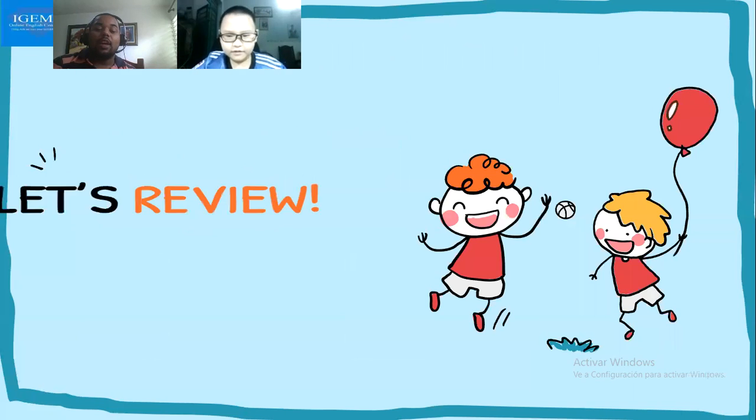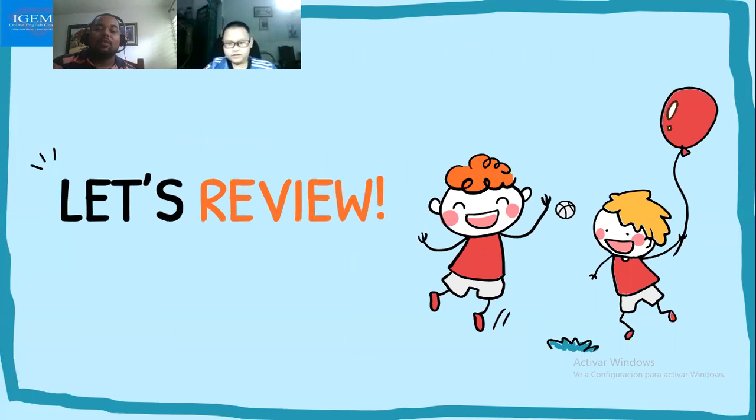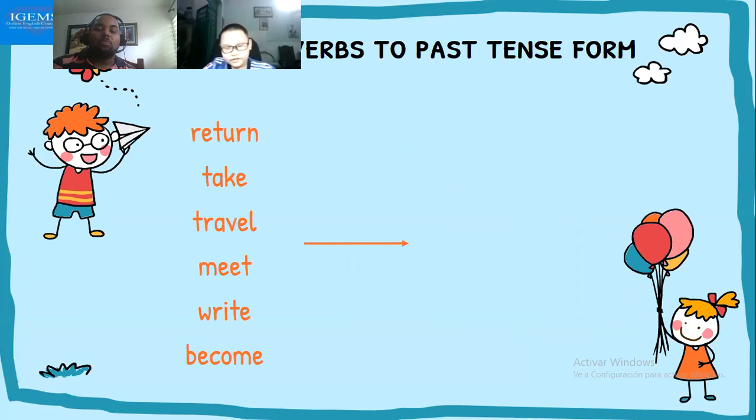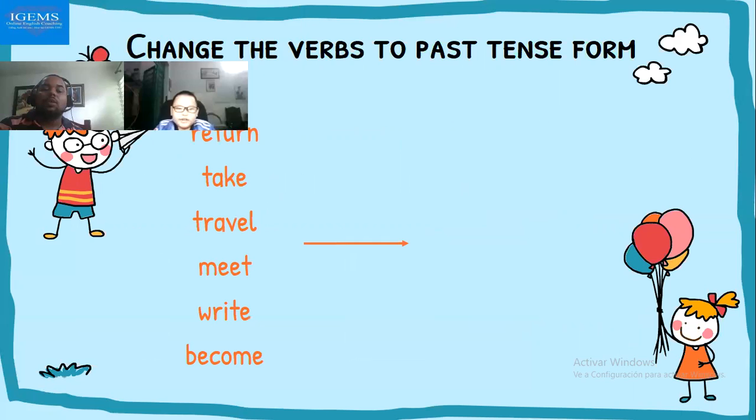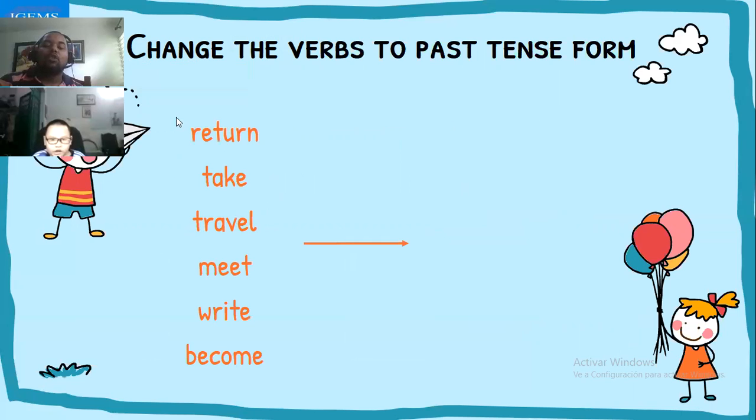Now we are going to review this part. Can you tell me some of the phrases we learned? We are going to change the verbs into past tense. The first one, return: returned. The past tense of take: took.